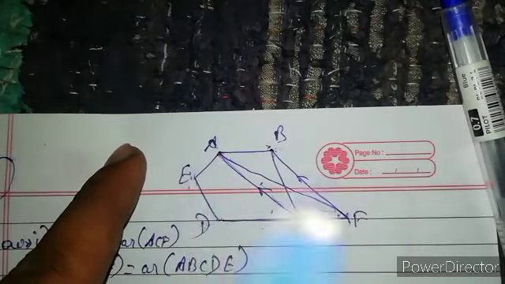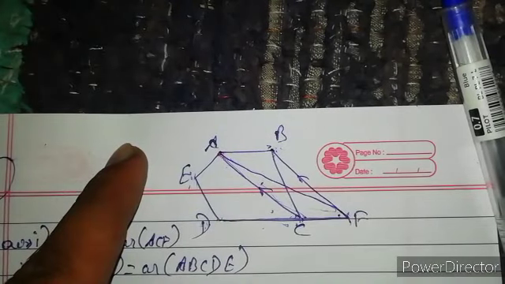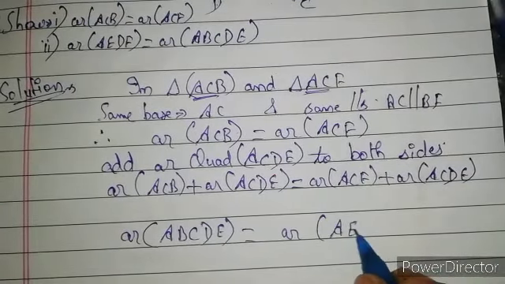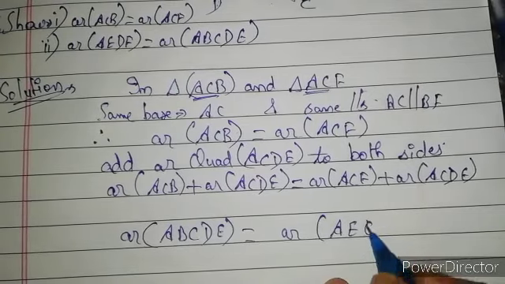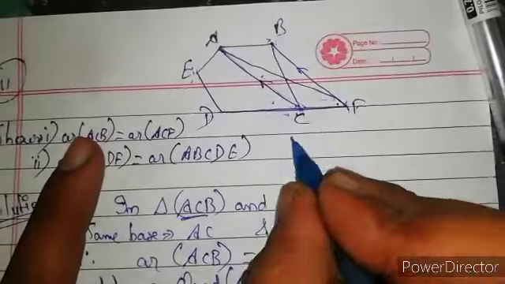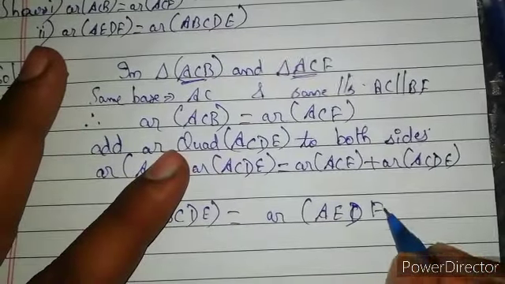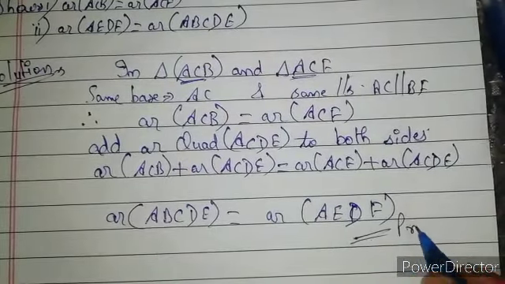So this is nothing but area of AEDF. Look, C is coming between DF, so I can directly write here AEDF. Okay, and this is what we have to prove.